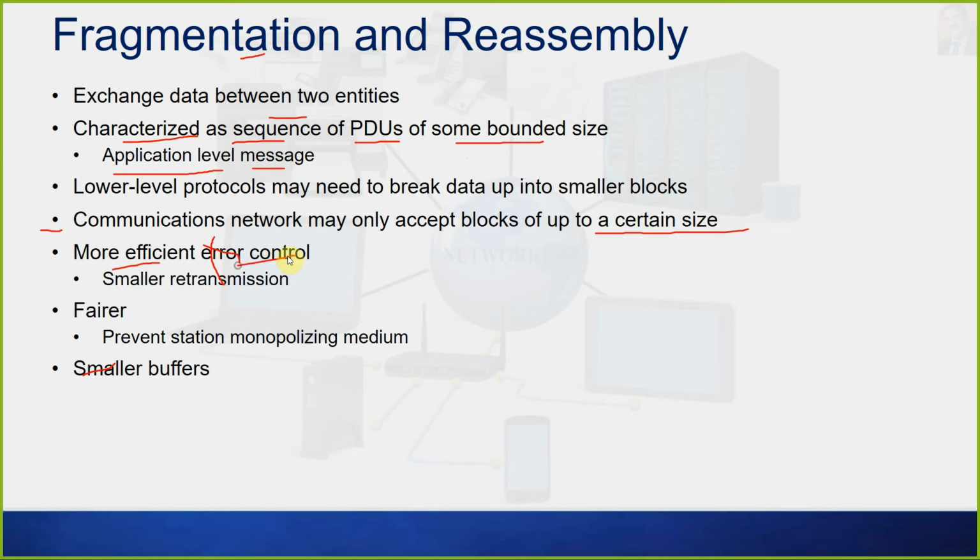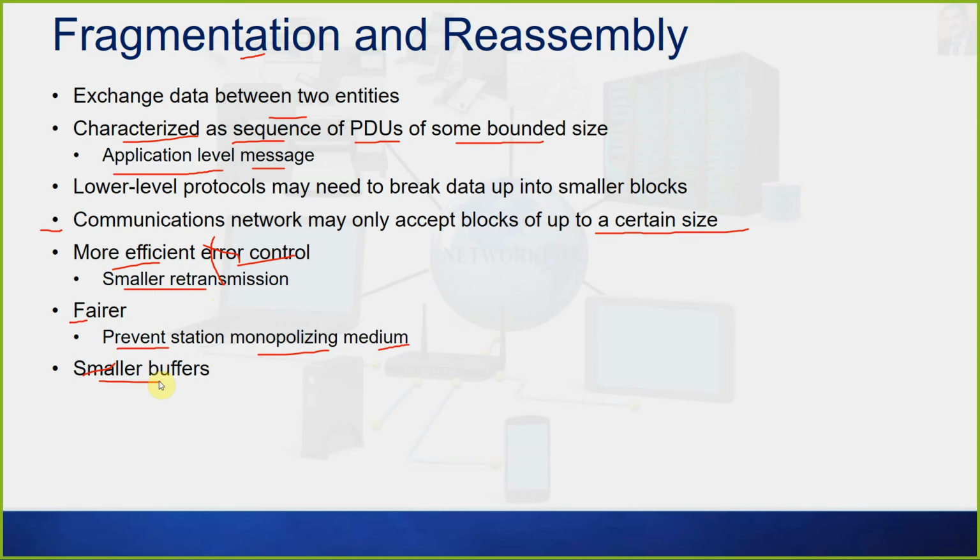More efficient error control means smaller retransmissions will be allowed. It is fairer, as it will prevent a station monopolizing the medium, and it needs smaller buffers.